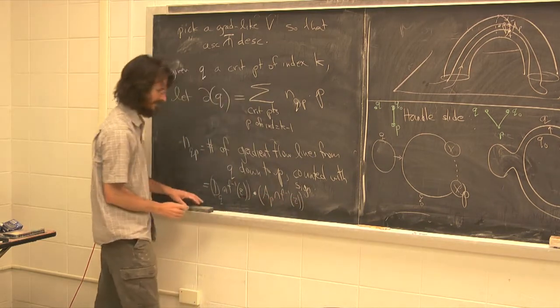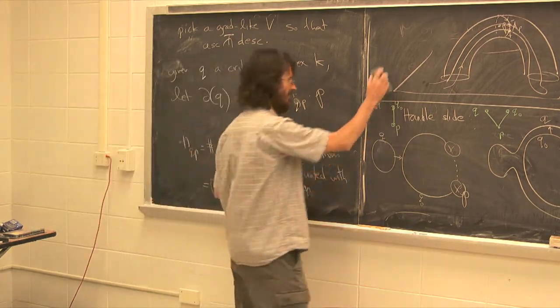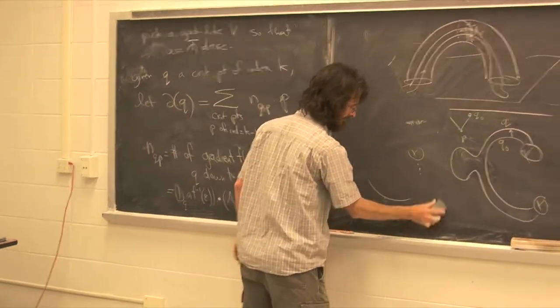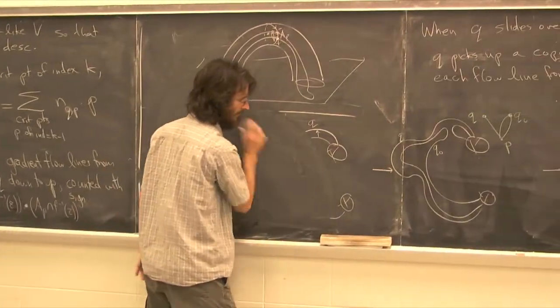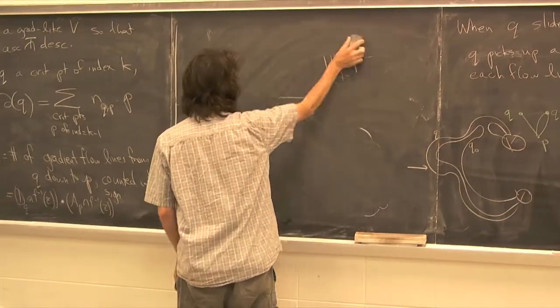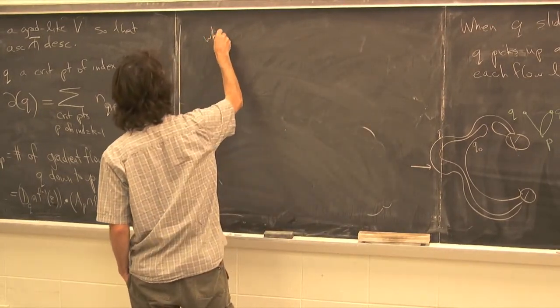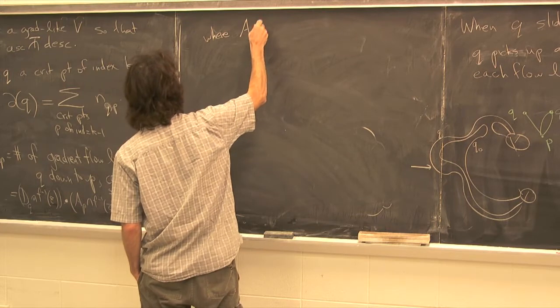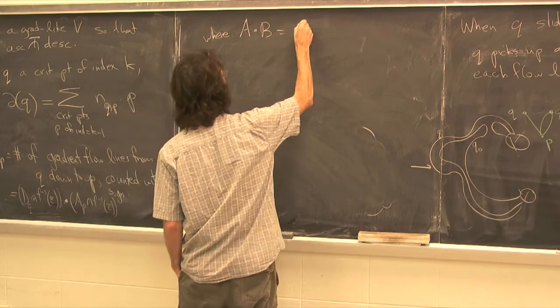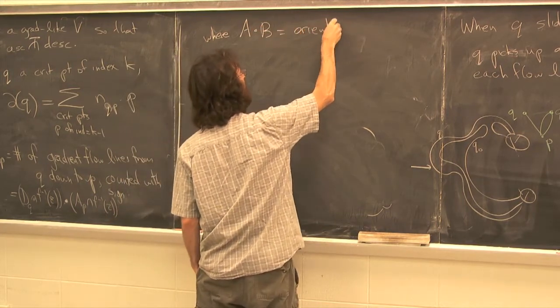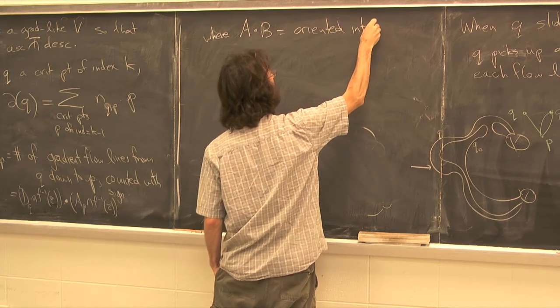And this dot means the following: A dot B equals the oriented intersection number.